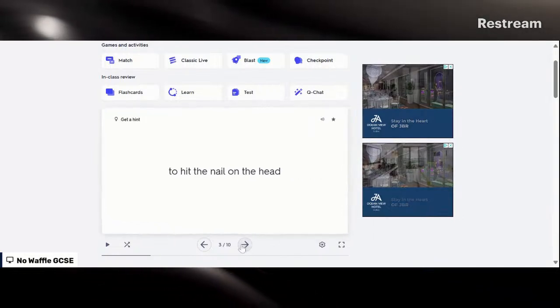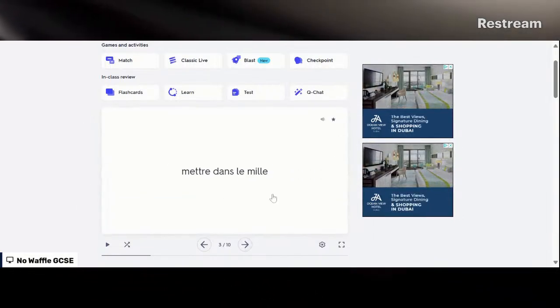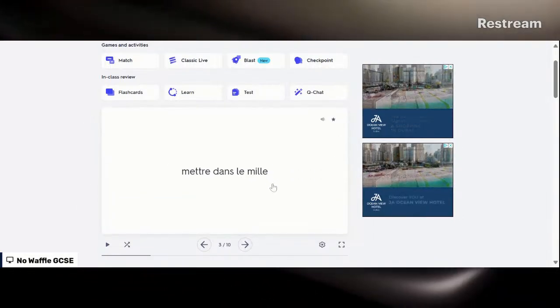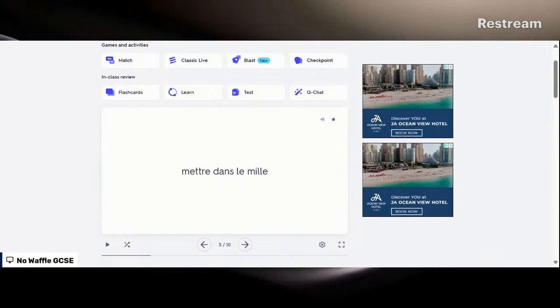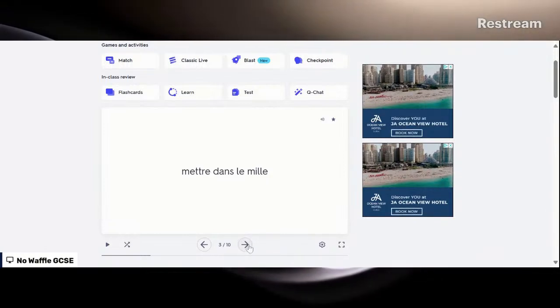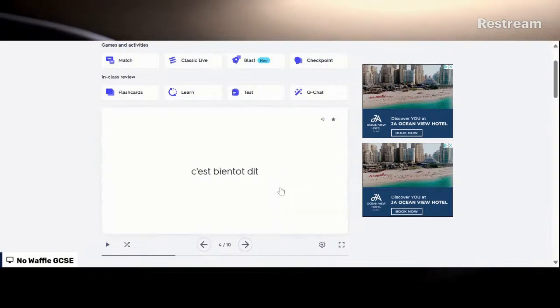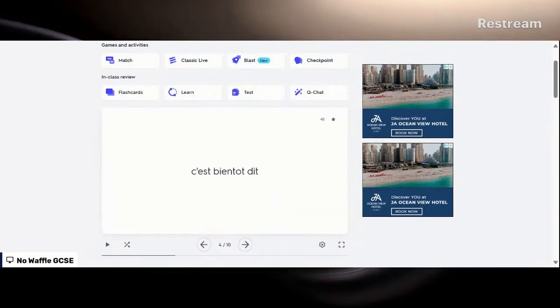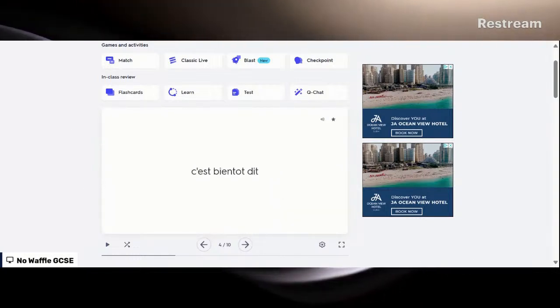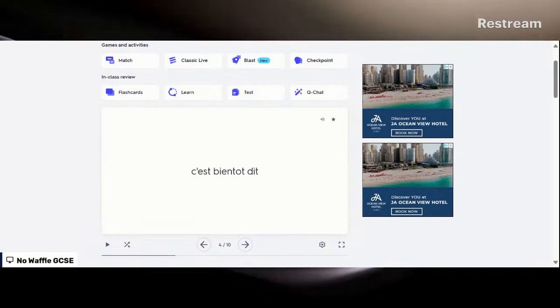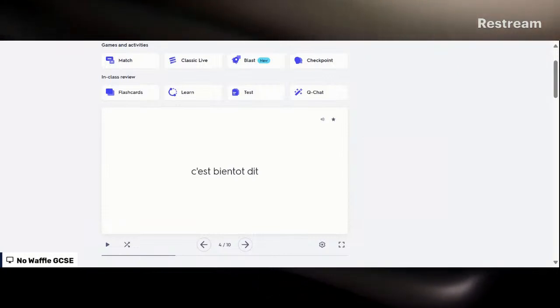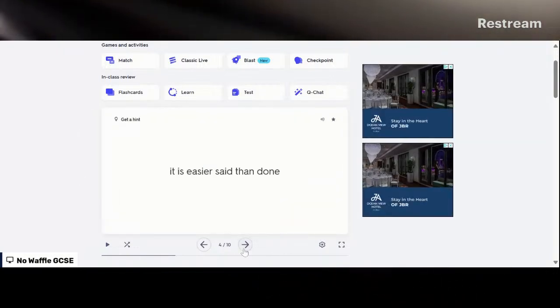Okay, another one. To hit the nail on the head, mettre dans le mille. It is easier said than done, c'est plus facile à dire qu'à faire. So notice this isn't a word-to-word translation, but this is just the French equivalent of common phrases in English.